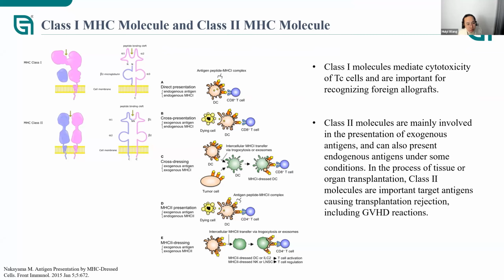When the CD4 T cell and the CD8 T cell recognize the antigen, they proliferate at a high speed and attack our mice.